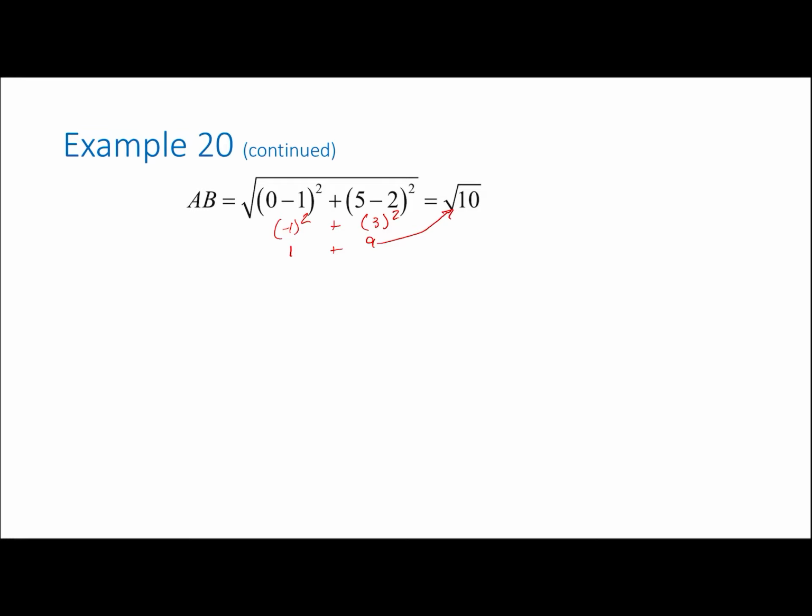Okay, so it's the square root of 10 for that number. For BC, if you did the same thing, 2 minus 1 is 1 squared, which is 1. -1 minus 2 is -3 squared, which is going to be 9. And so again, 1 plus 9 is that 10.